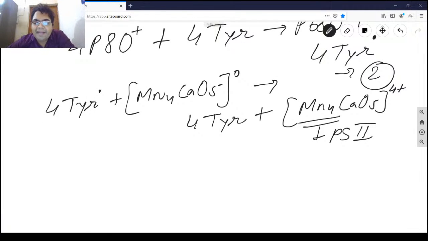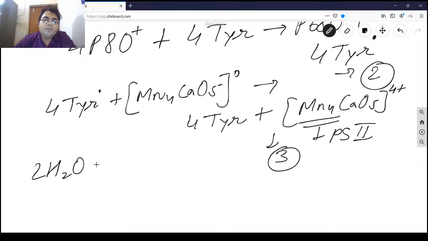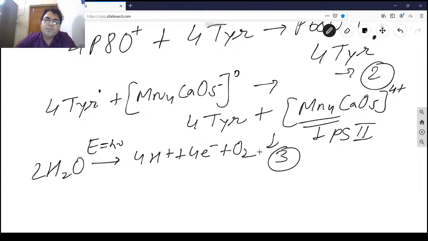Now if you add equation 1 with equation 3, equation 1 was 2H2O photolysis with H nu giving 4H plus, 4 electrons and O2. Just add equation 1 and 3.